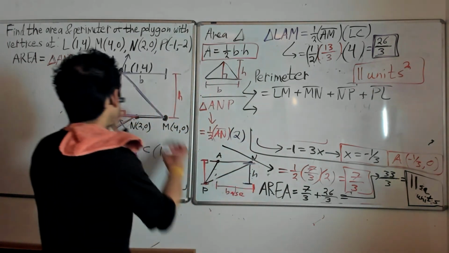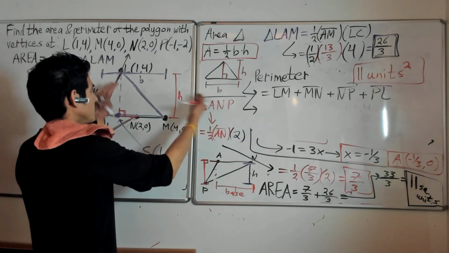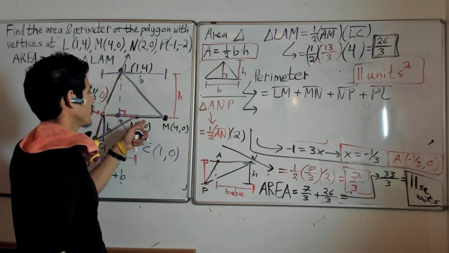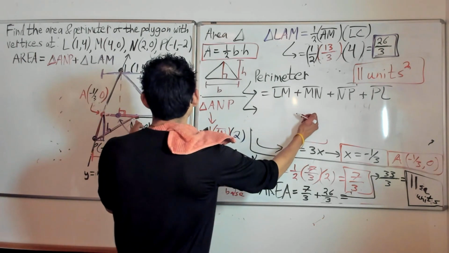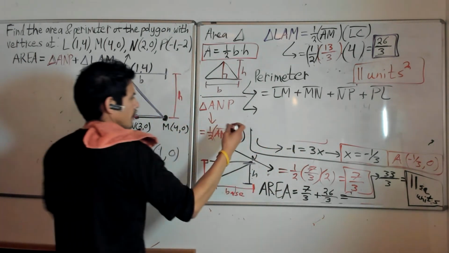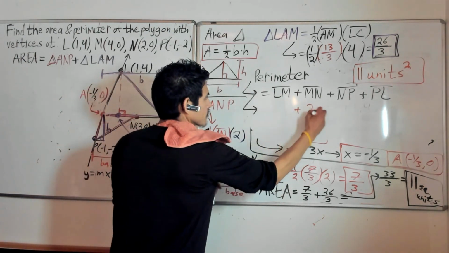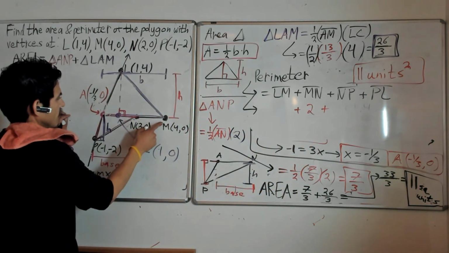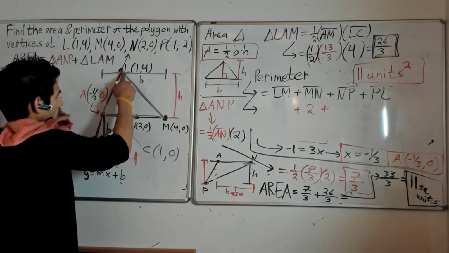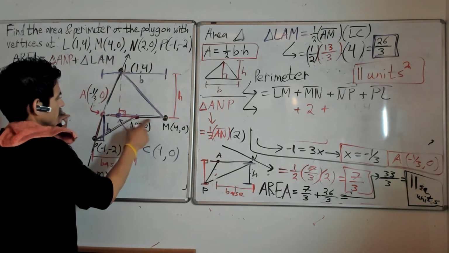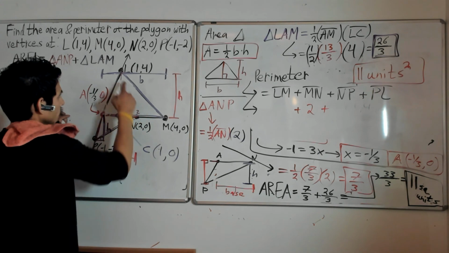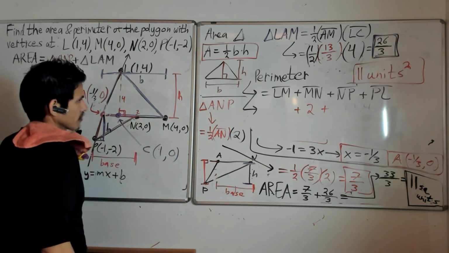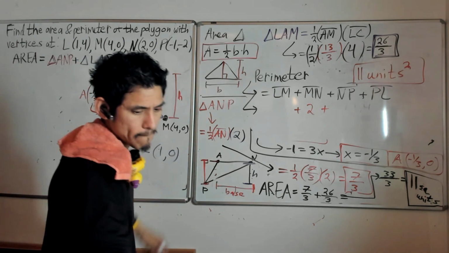Now, I'm not going to go through all the tedious calculations here because it's just a distance formula over and over, 4 times. Except for MN, you can find it by just going from 2, 0 to 4, 0. This will just be 2. LM, remember, is the hypotenuse of a triangle, 4 squared plus 2 squared, square root of 20, I believe.